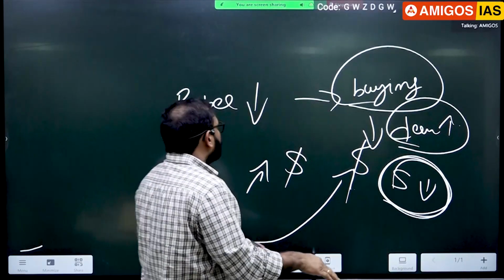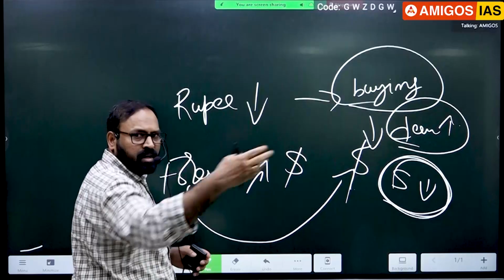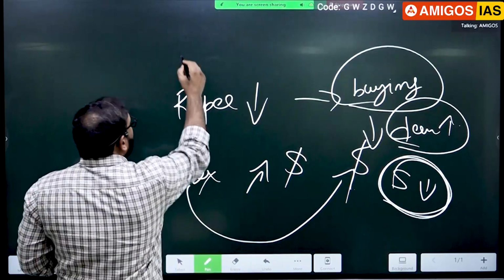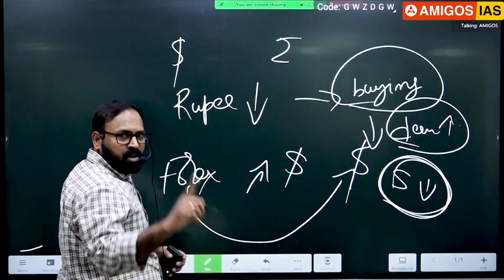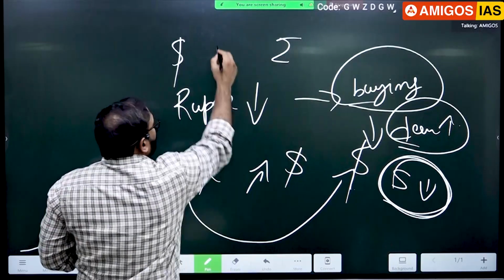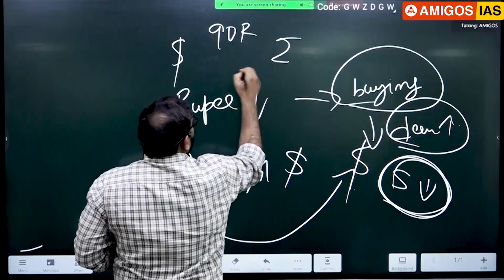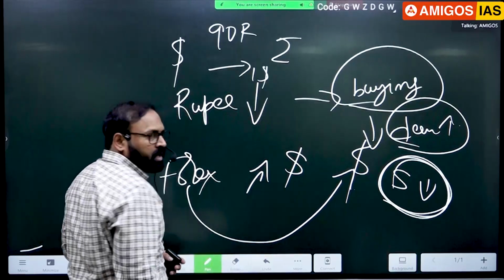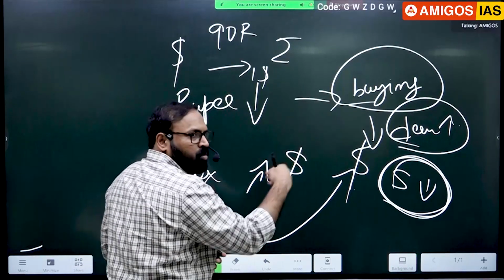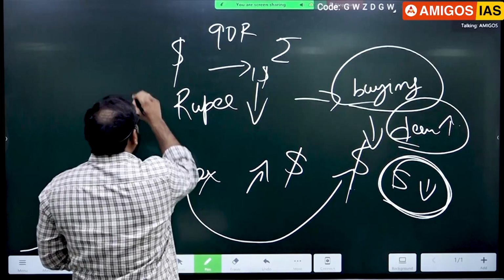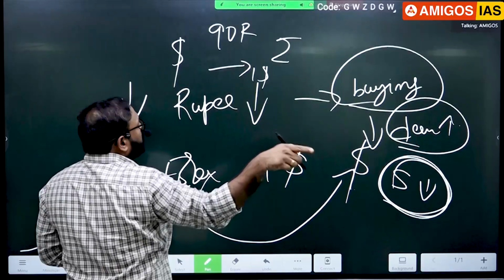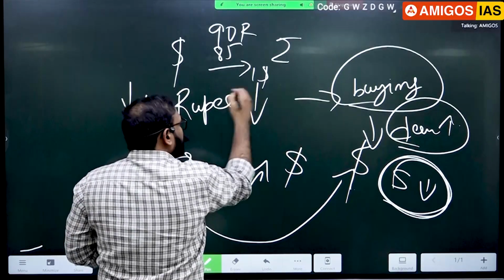When demand decreases, just imagine me and Arvind are doing trade. I need more dollars and he has rupees. Today, he is ready to give me 90 rupees in return for $1. But because RBI pumped more dollars in the economy, what happened to demand for dollars? Decreased. Therefore, tomorrow, if he says I'll give you 85, I'll again give the dollar.